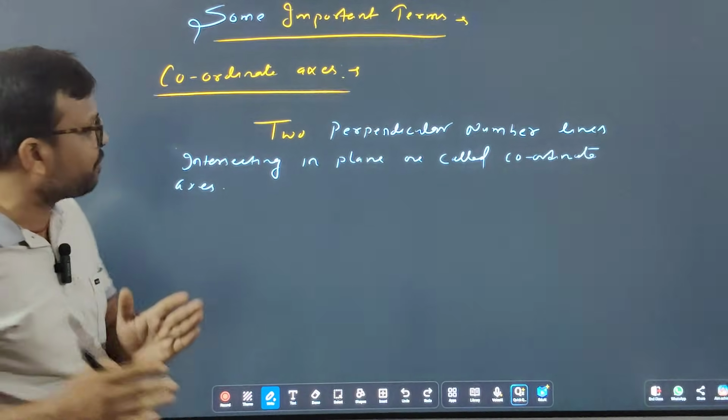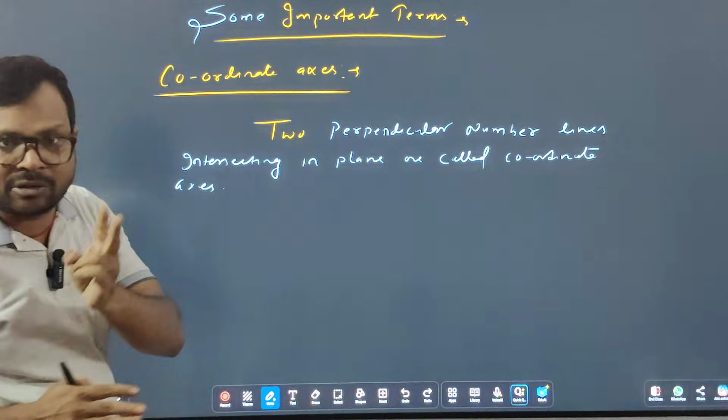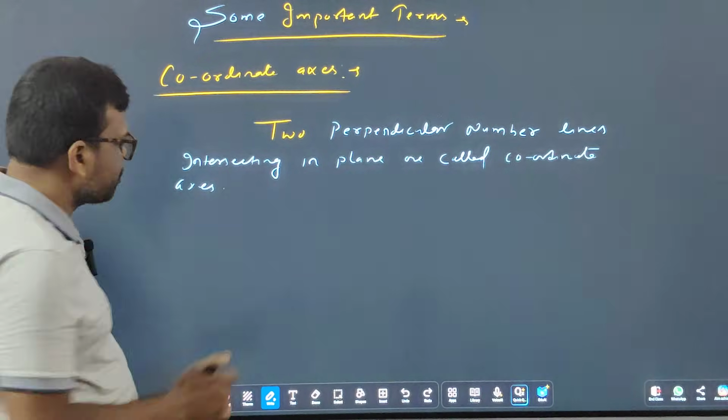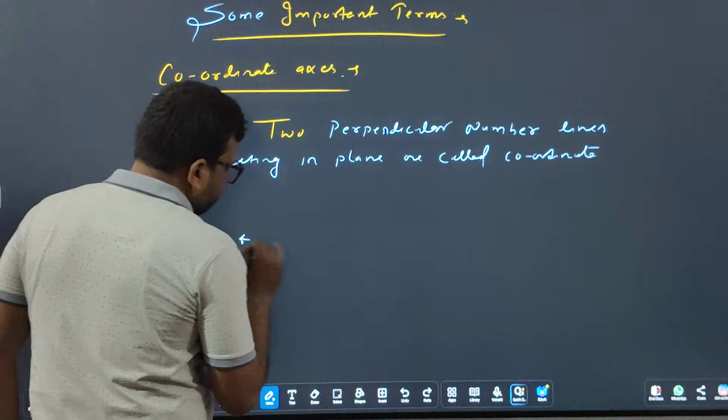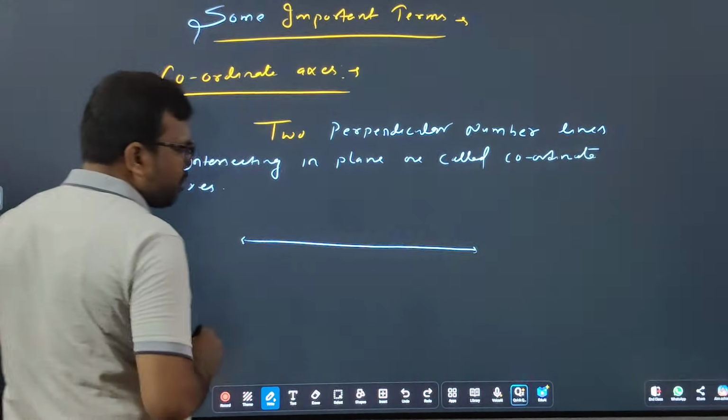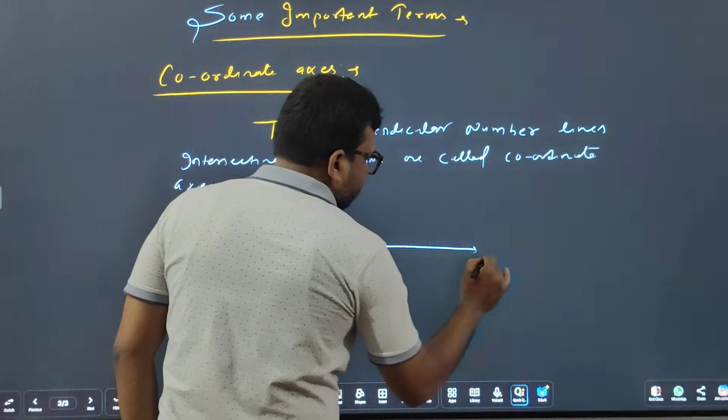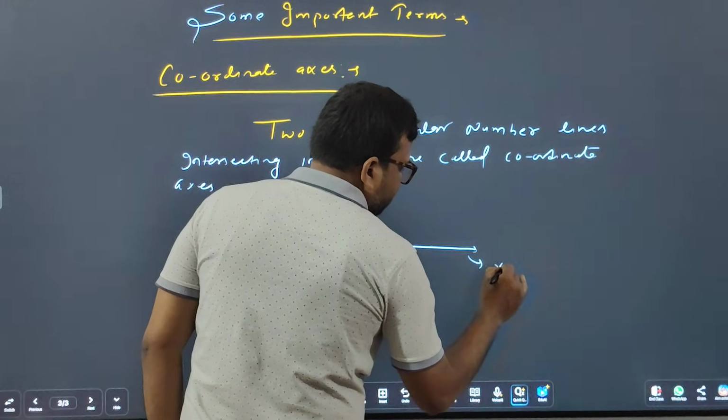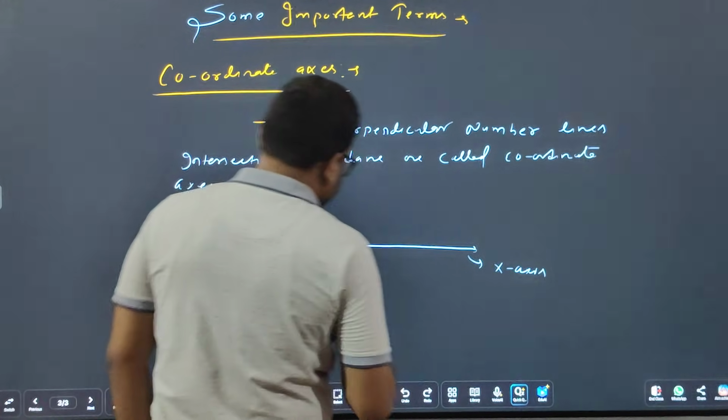We have said that there are two perpendicular number lines. The horizontal line is called the x-axis.